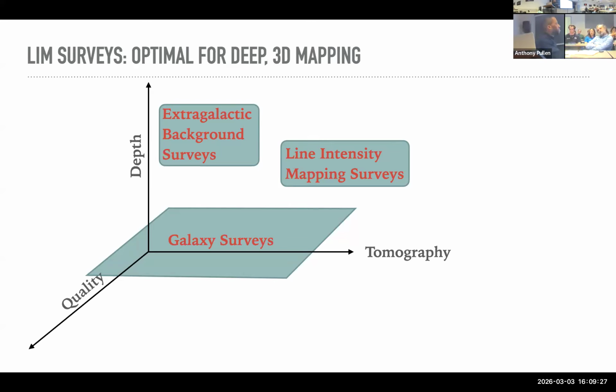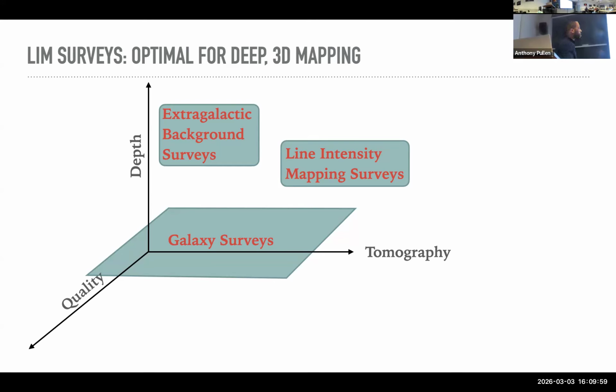Okay. So this axis, tomography, denotes how well we can measure the maps precisely in redshift if you're sampling the 3D volume. This axis, depth, measures how faint we can detect the emission from galaxies, and this axis, quality, measures how well we can resolve galaxies in order to do galaxy imaging.